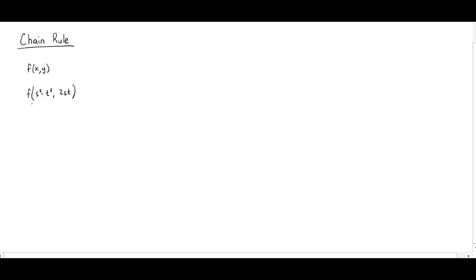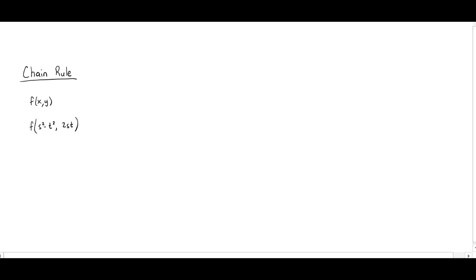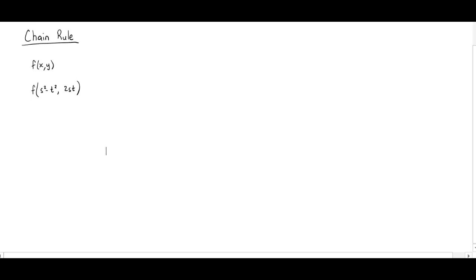If I have an expression like this, where I have functions inside of f, we want to know how to compute, say, the partial derivative of such an expression, say, with respect to s or with respect to t. Okay? So the chain rule gives us sort of a formula for computing derivatives of things of this nature.